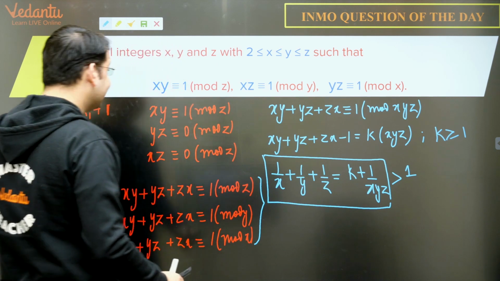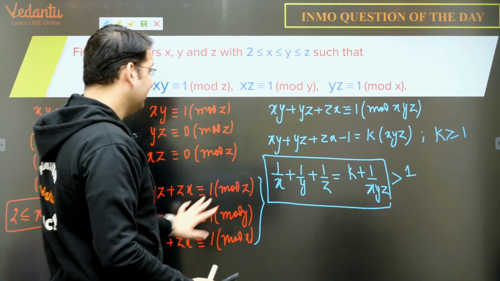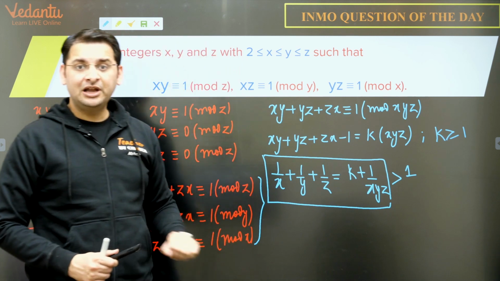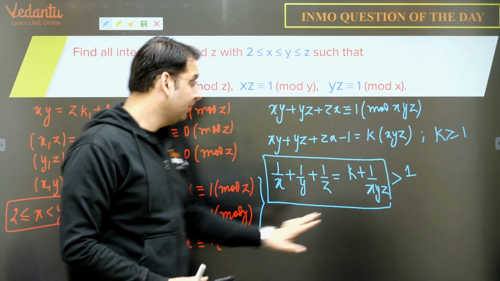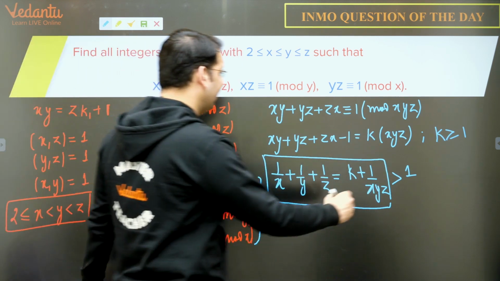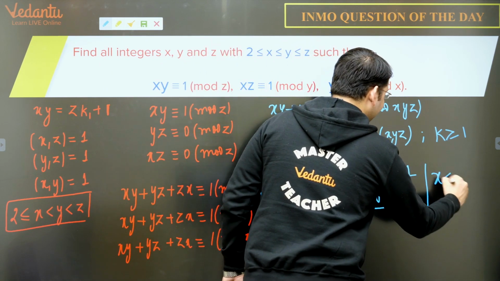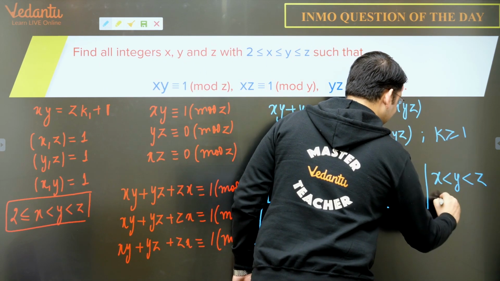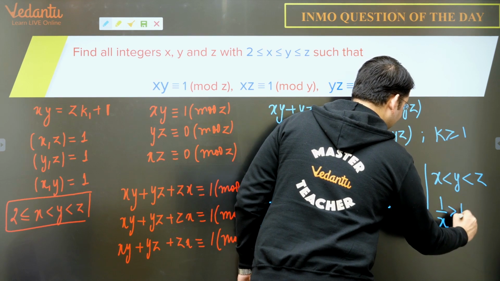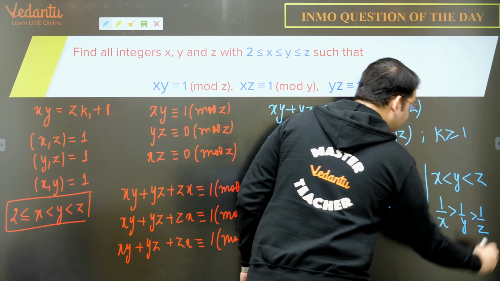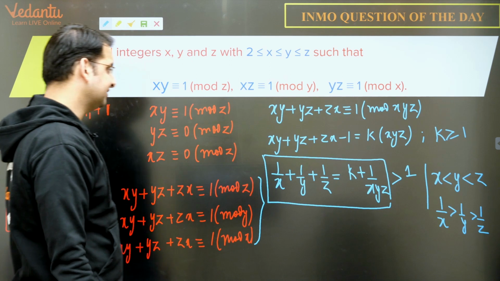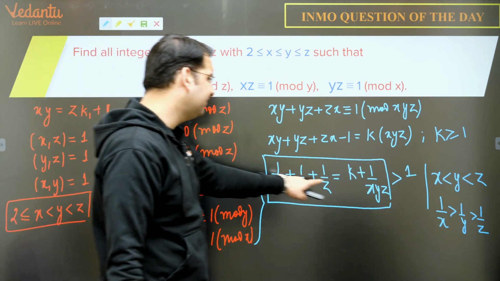Now, since x is the smallest of all, 1 upon x plus 1 upon y plus 1 upon z is greater than 1, and x is less than y is less than z, so I can say 1 upon x is greater than 1 upon y is greater than 1 upon z, because these are all positive integers. Can I restrict everything here?